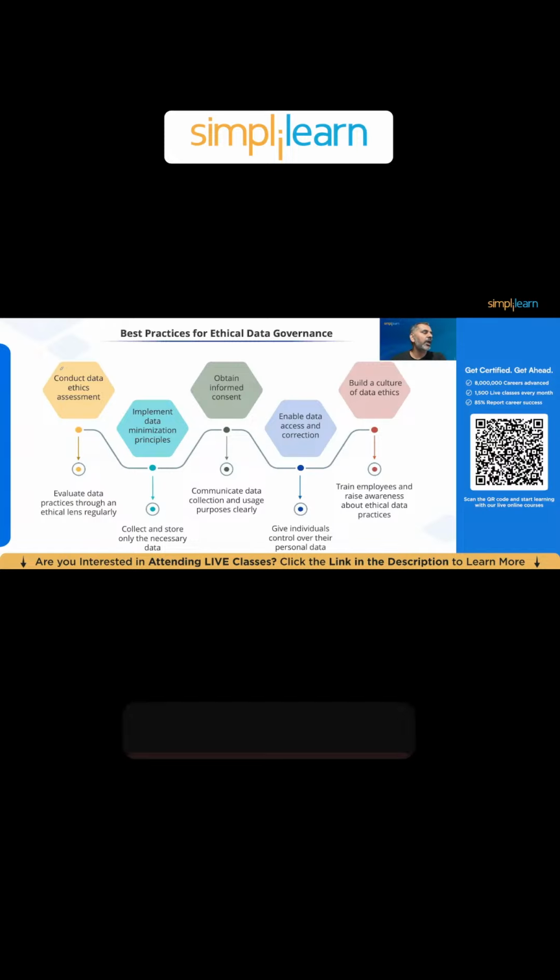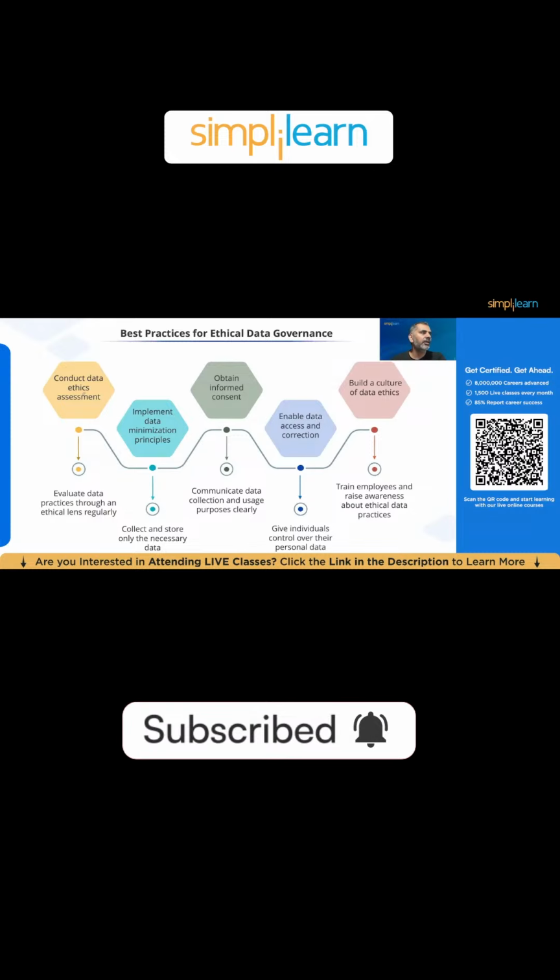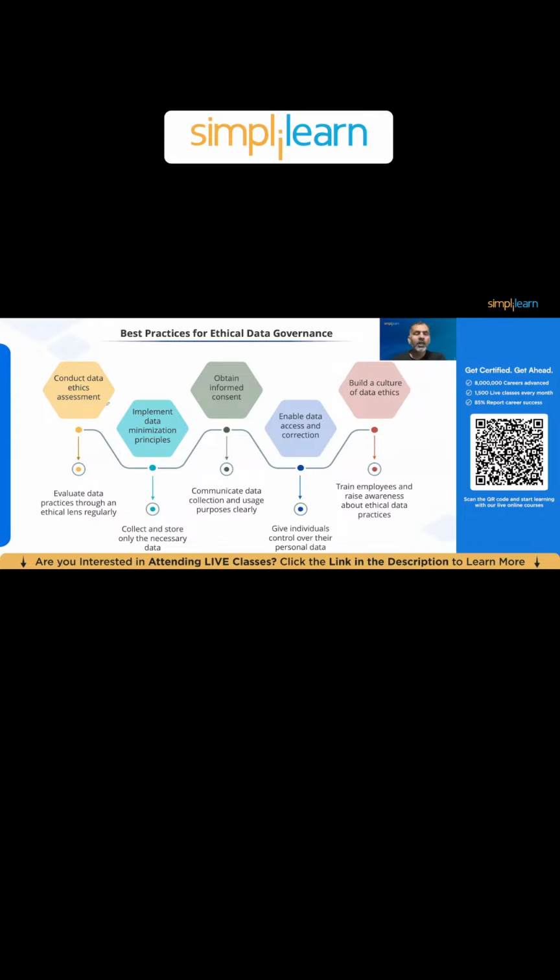The very first is that you conduct a data ethics assessment, and that should be periodic. That means you have to evaluate practices through an ethical lens regularly. If you are considering any organization, let's suppose ABC, a data organization which is collecting and using data, that organization needs to go through a scrutiny test periodically.